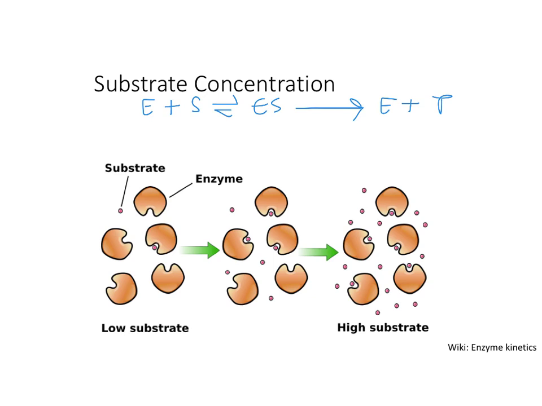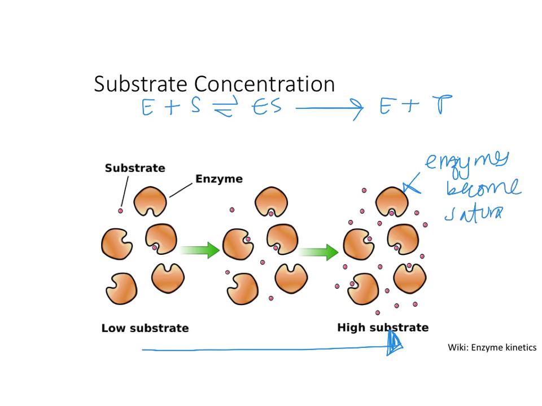We're going to assume that as we increase substrate concentration, so in this diagram it's moving to the right here, the enzymes will become saturated with substrate. I'm just going to put S, okay? So as we increase substrate concentration, enzymes will become saturated with substrate.